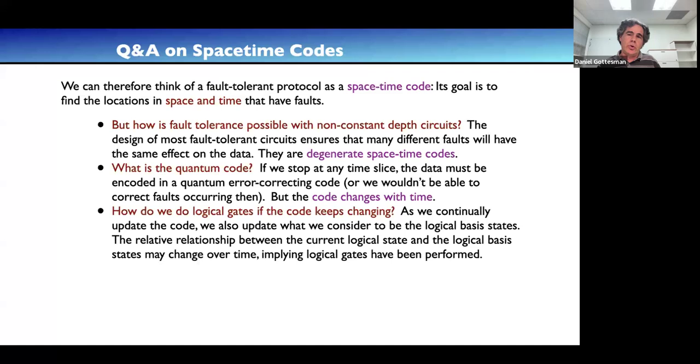So that brings up an interesting problem, which I'm not completely comfortable with, but is an interesting question to continue to think about, which is: if the code keeps changing, what does it mean to do logical gates? So going back to the idea of code deformation, the advantage of going through a cycle and ending up back where you started is that it's easy to compare the logical state at the beginning of the deformation with the logical state at the end.